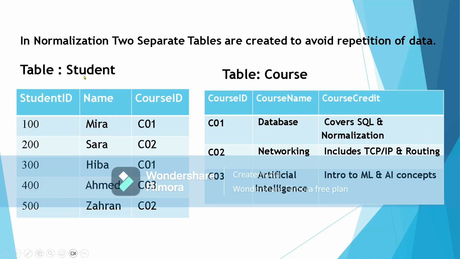First table is student, another table is course. Student table contains all the data which are related with the student, means ID of the student, name of the student, and course ID of the student. Again, course table contains course ID, name of the course, and description of that course.